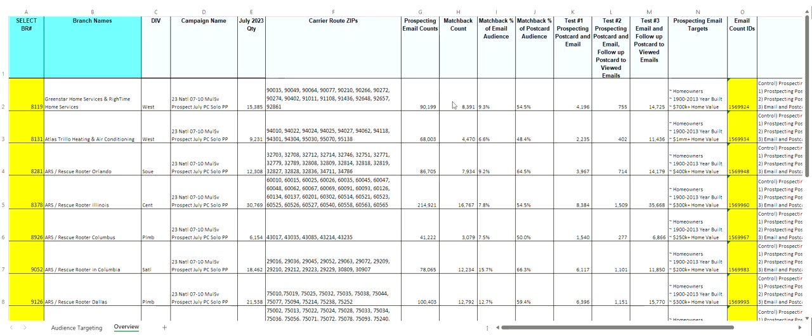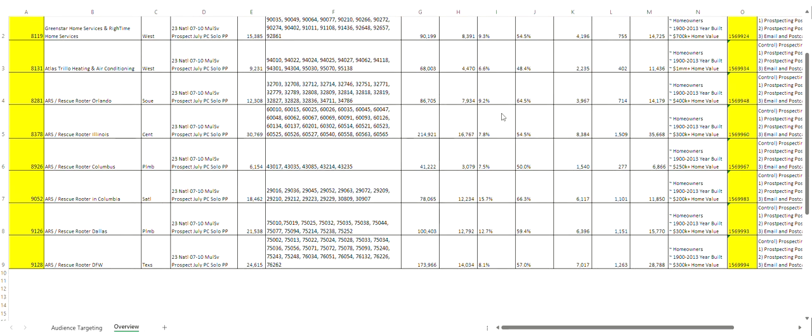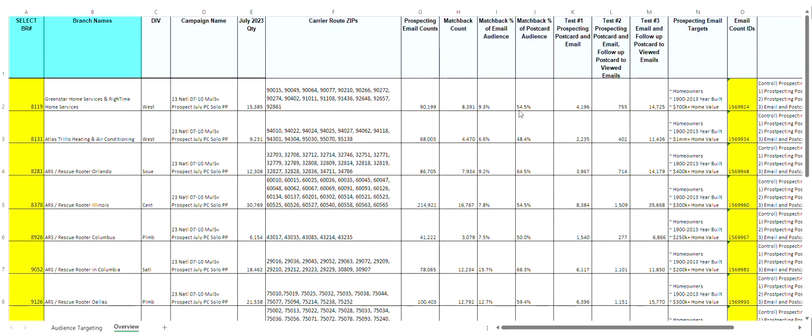Of the 90,000, we were able to match back just under 8,400 addresses that were in both the email count and the July postcard count. So we had a match back of about 9%. Across the range of the different branches, it's anywhere from 6% up to 15%. So we can extrapolate that to understand where we're going to be with different branches.